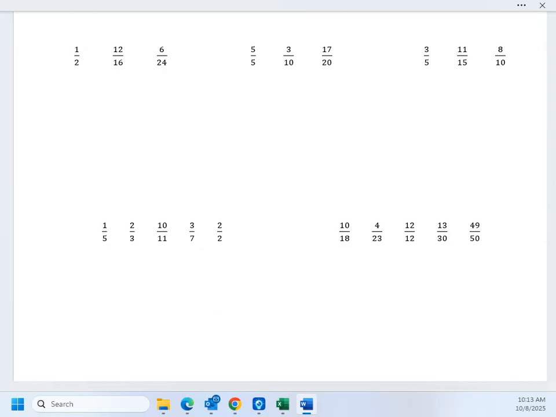Probably for this one, we do 0, 1/2, and 1. Okay, so 1/2 is close to what, Michael? 1/2. 12/16 is close to what? 1. 6/24 is close to what? 0. I can put that in order pretty easy. The one closer to 0 is my smallest one. The one closest to the 1/2 is my next, and the one closest to the 1 is my next.